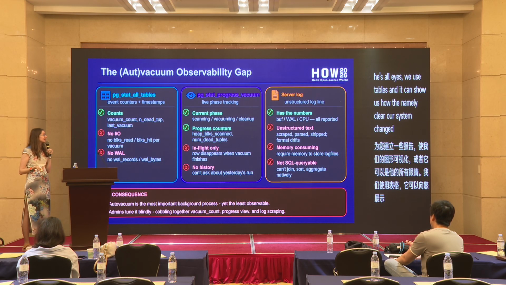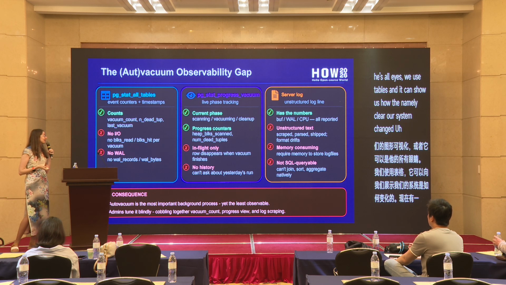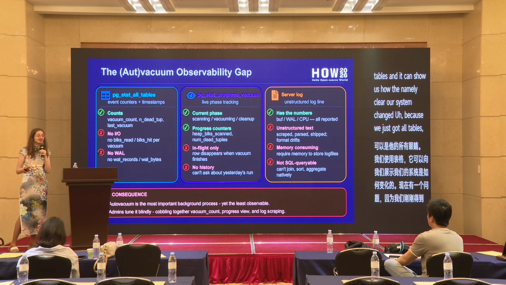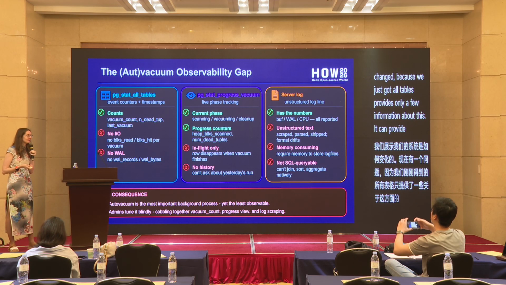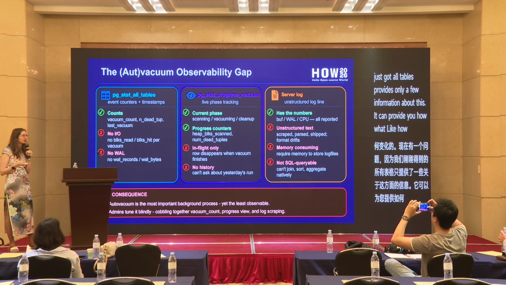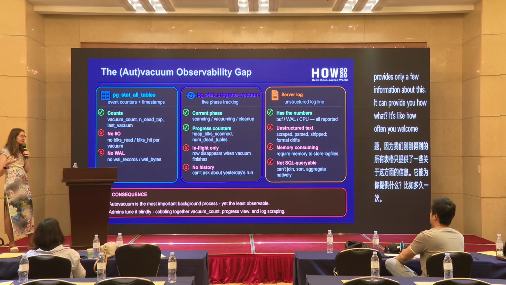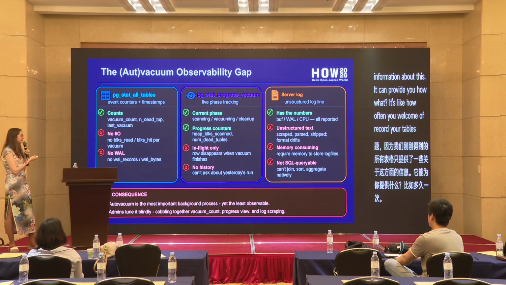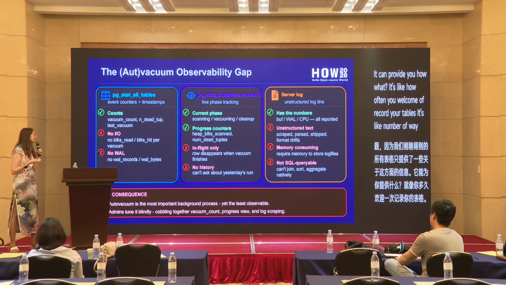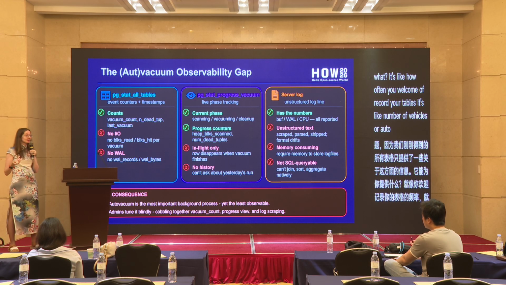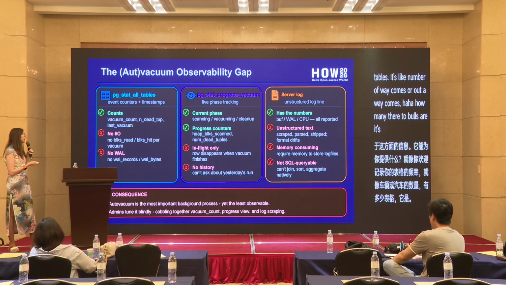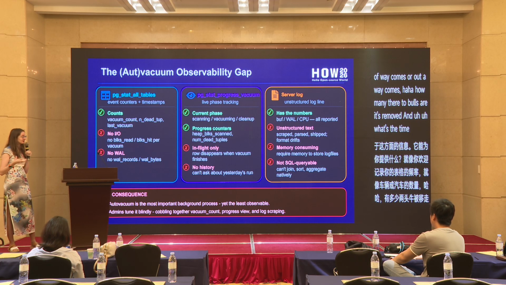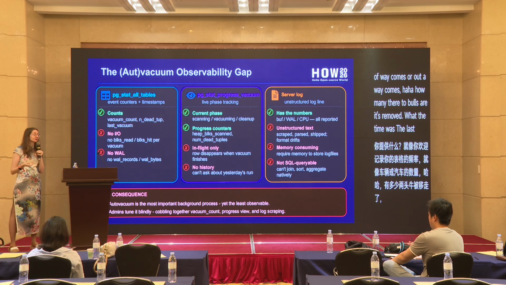And there is a problem now, because pg_stat tables provide only little information about this. It can provide how often your vacuum vacuumed your tables, like the number of vacuums or autovacuums, how many dead tuples it removed, and what the time was for the last vacuum for your relations, for example.